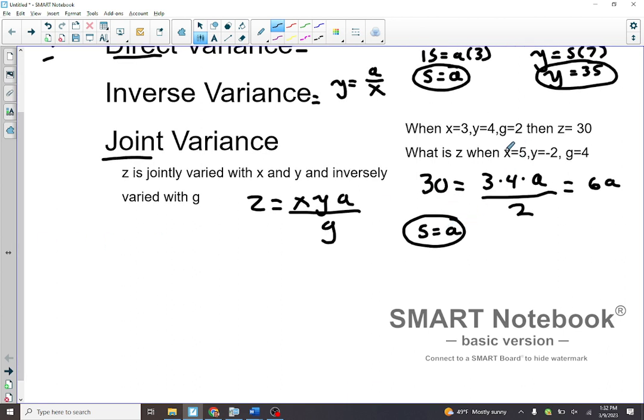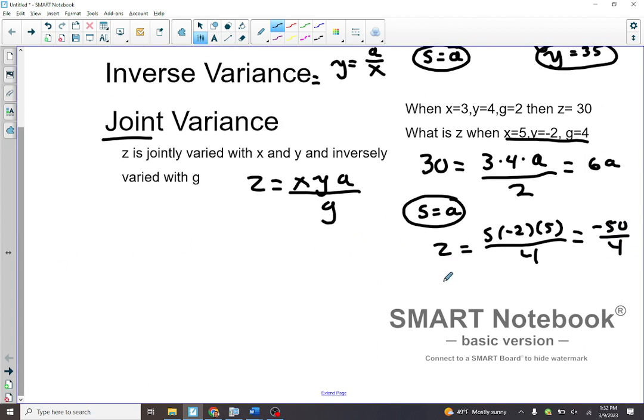Then, since I found a, I can use it with these numbers to find z. z equals 5 times -2 times 5 all over 4. -50 over 4. z equals -12.5.